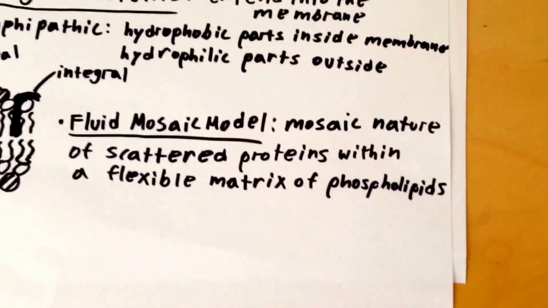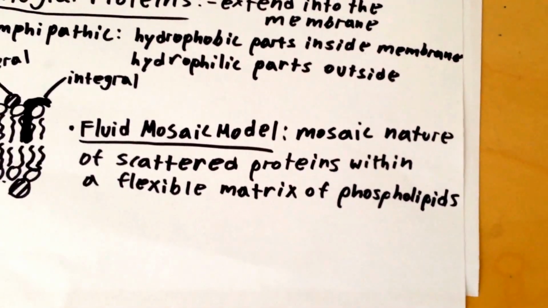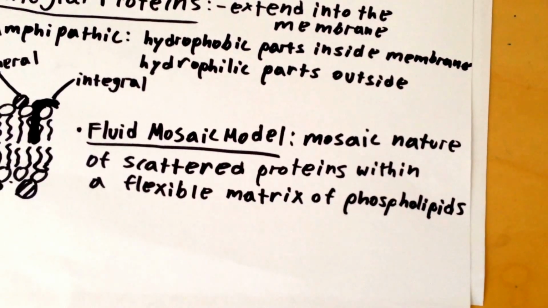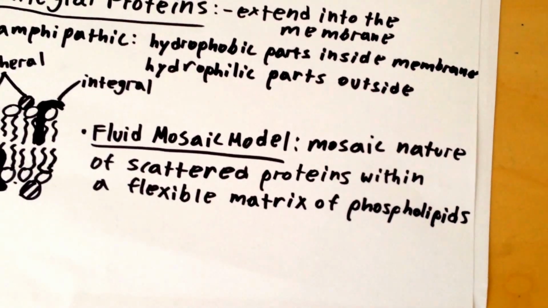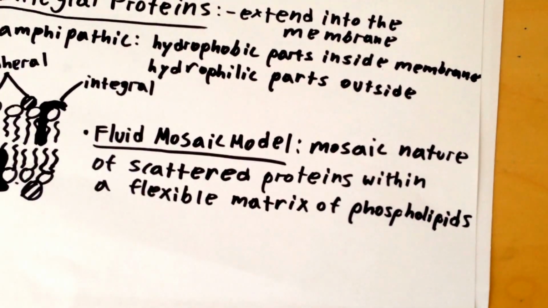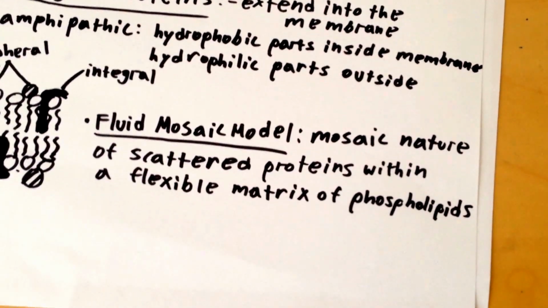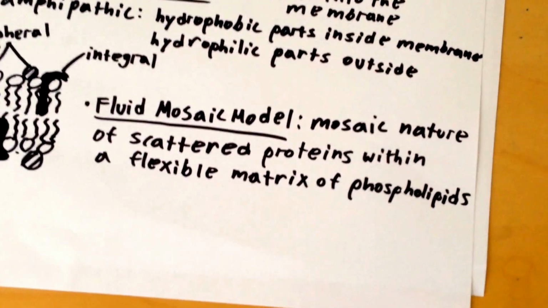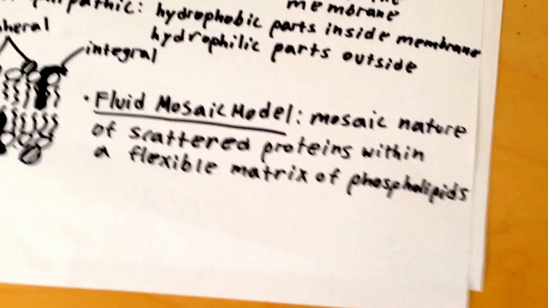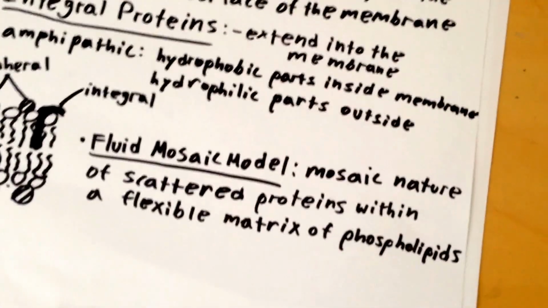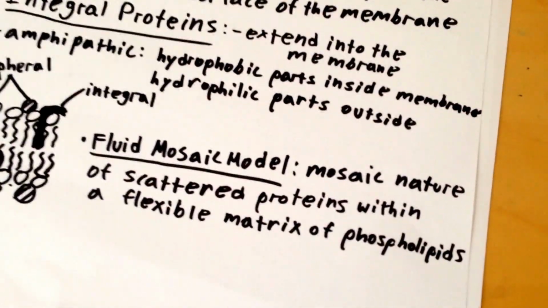All of this together makes up the fluid mosaic model of the plasma membrane. What that means is that you have a bunch of proteins scattered throughout the flexible matrix. That fits with the word mosaic, and so it's very flexible.